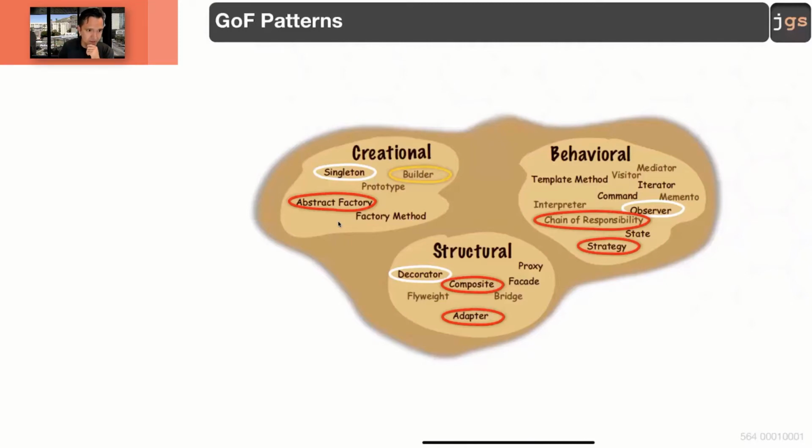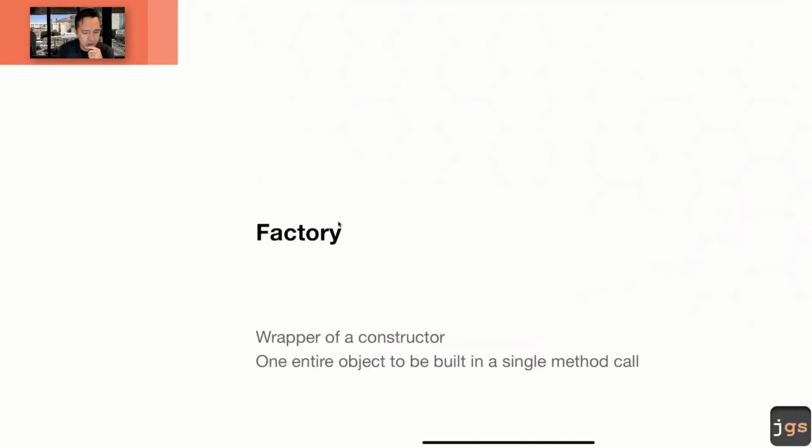So extra patterns. Number one, factory. Hopefully when I mention the name, you can, in your mind, project which is the category, which is the problem that we're solving. Is this about structure? Is this about behavior? Is this about creation?